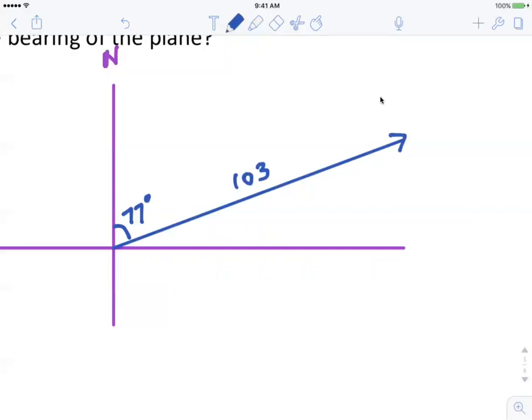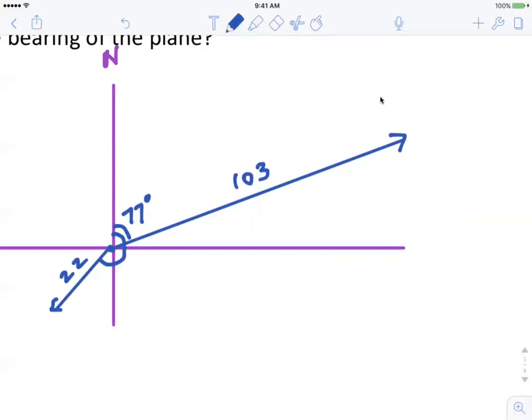Then the other vector involved is the wind vector, 22 kilometers per hour in this direction, bearing of 225. So that is 22, and this angle all the way around here is 225 degrees.